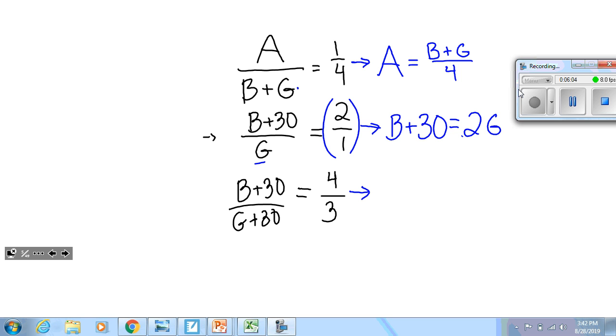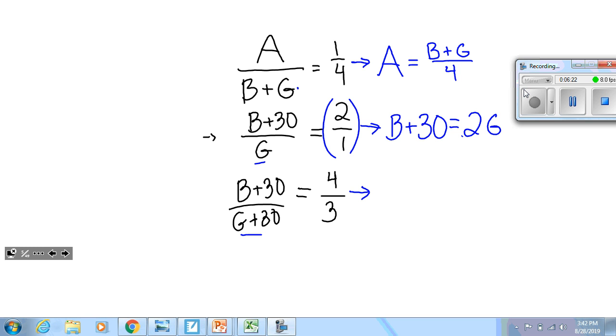Okay, well, what about the third one? Well, if I want to, again, get rid of denominators like we've been doing, I'm going to multiply both sides by G plus 30. So that'll eliminate this denominator, right? G plus 30, that's what I said, right?